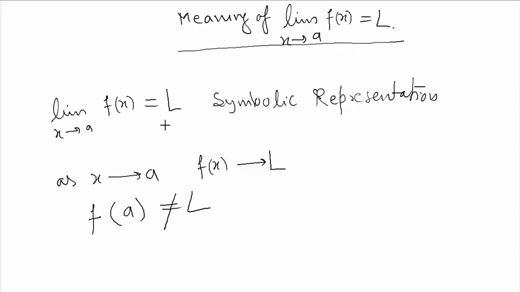This is just saying that as x approaches a, f of x approaches l. Now there are two situations to approach a, that is x equal to a: approach from right and approach from left. So we have two concepts for this.